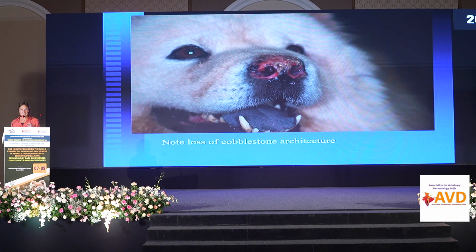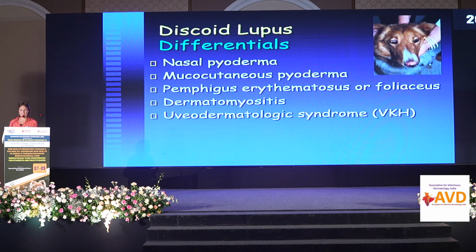So even if it's a localized disease, it can be locally very severe, and it can be quite painful. So when I have cases like this, you can make your list of differential diagnosis. Mucocutaneous pyoderma and DLE sometimes can look very similar, and so people confuse them, but one is a bacterial disease, the other one is an autoimmune disease.